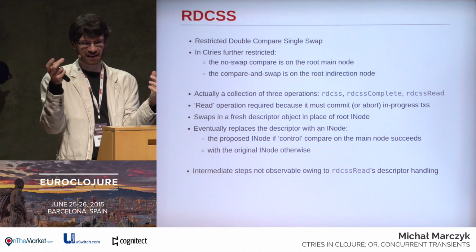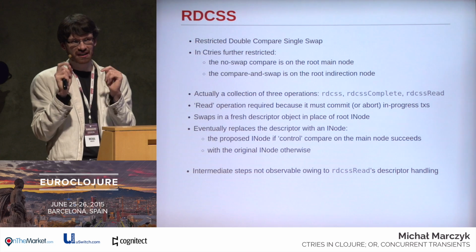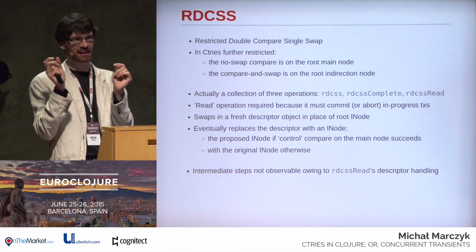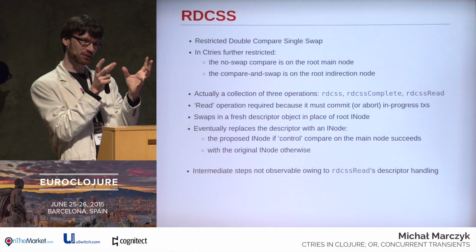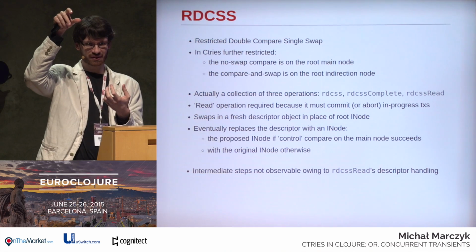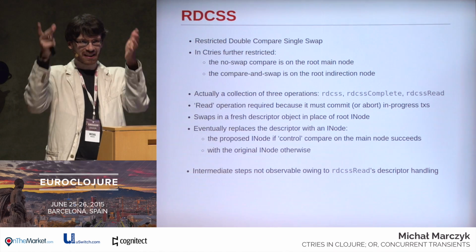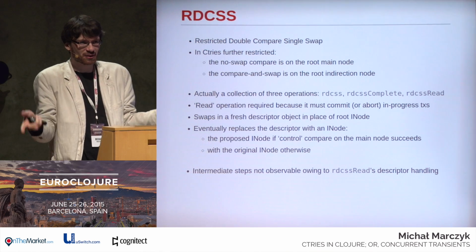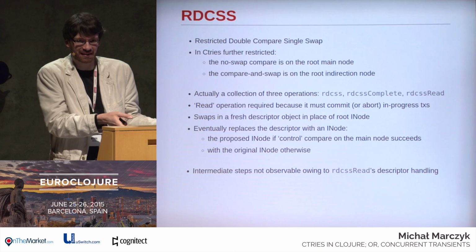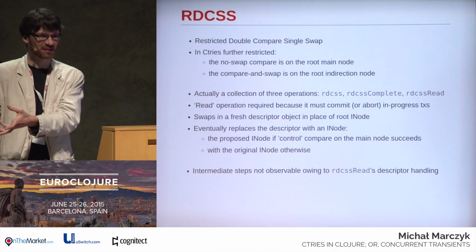We call that indirection nodes store generation markers. Those generation markers are fixed, and they're freshly allocated each time an indirection node is allocated. So if you manage to replace the root indirection node while keeping the old main node, we now have a Ctrie which looks the same, but it's moved on to a new generation.